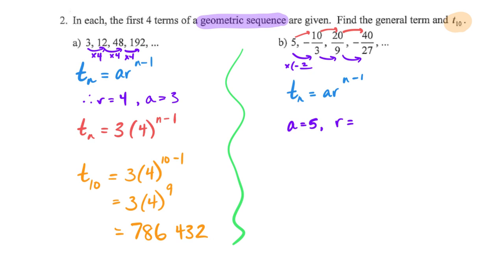You'll then notice on the bottom that I have 1 becoming a 3, 3 becoming a 9, 9 becoming a 27, and so I'm tripling all my bottoms, my denominators. I just found my R value. I'm multiplying by -2/3.